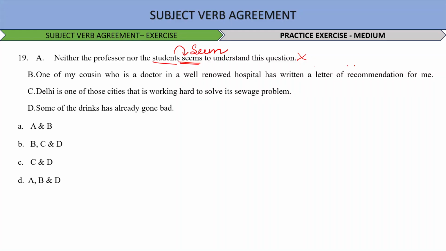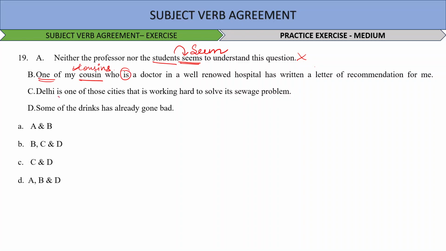You see, in this sentence, one of my cousins will be correct and not one of my cousin. It will be one of my cousins. The subject will be plural when one of is used in a sentence, and the verb will be singular, right? So this one is again incorrect.